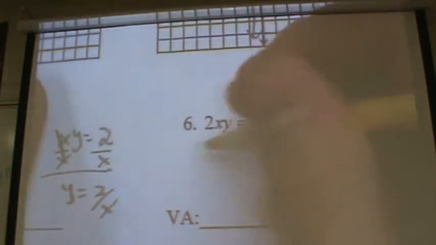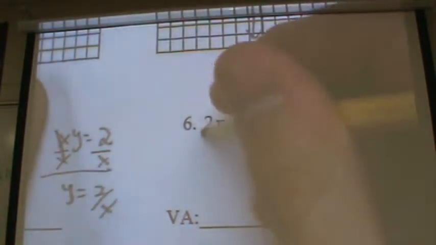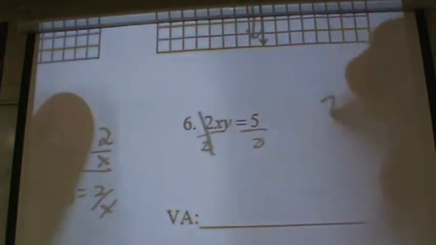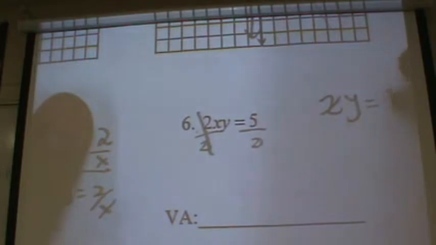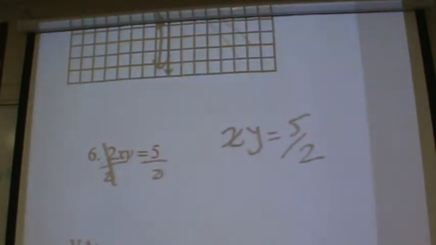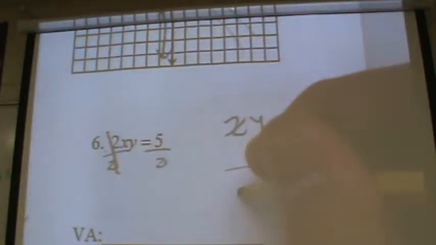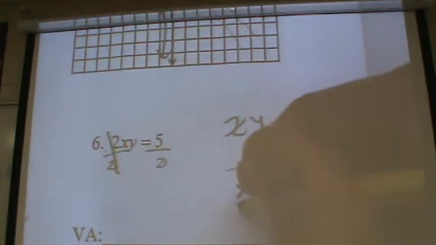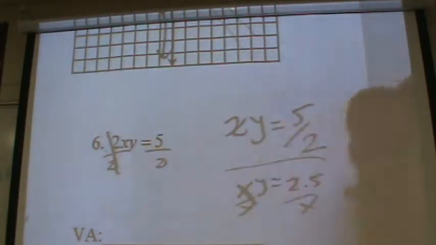Right, so now you're going to do this one. You're going to divide by 2. xy equals 5 over 2. Because you're graphing, there might be an easier way to put this, which is in decimal form. Who knows what that is in decimal form? 2.5, right? So xy equals 2.5, y equals 2.5 over x. Good.